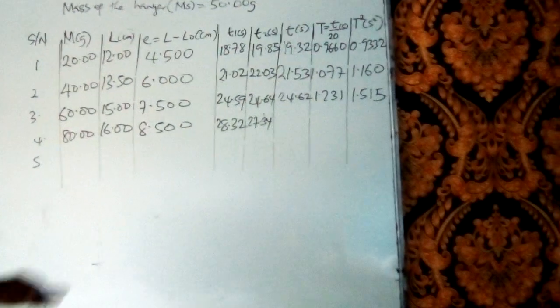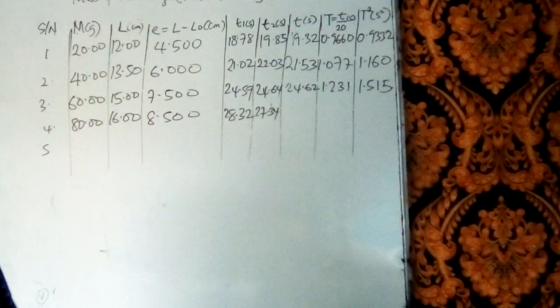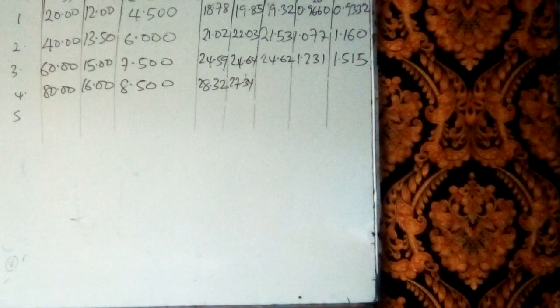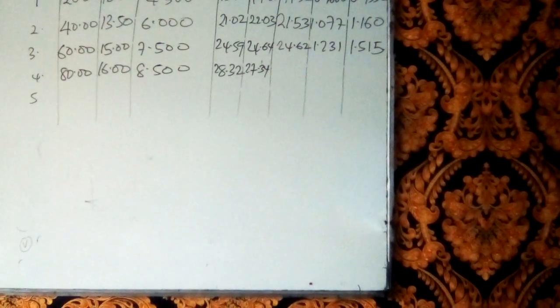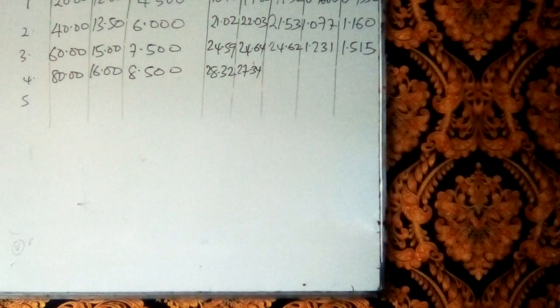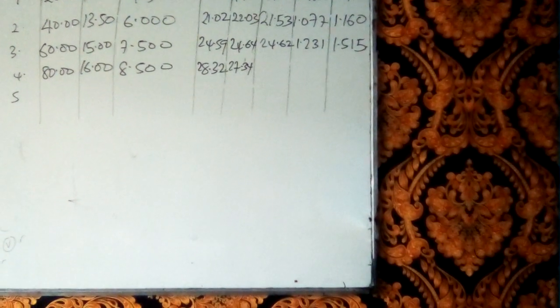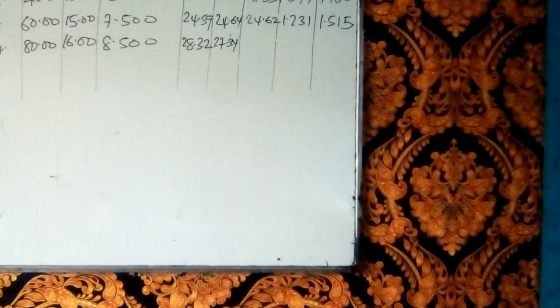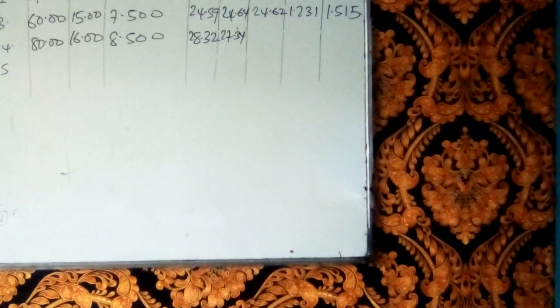So with limited experimental error, the average will be more accurate. Divided by 2. 27.83.